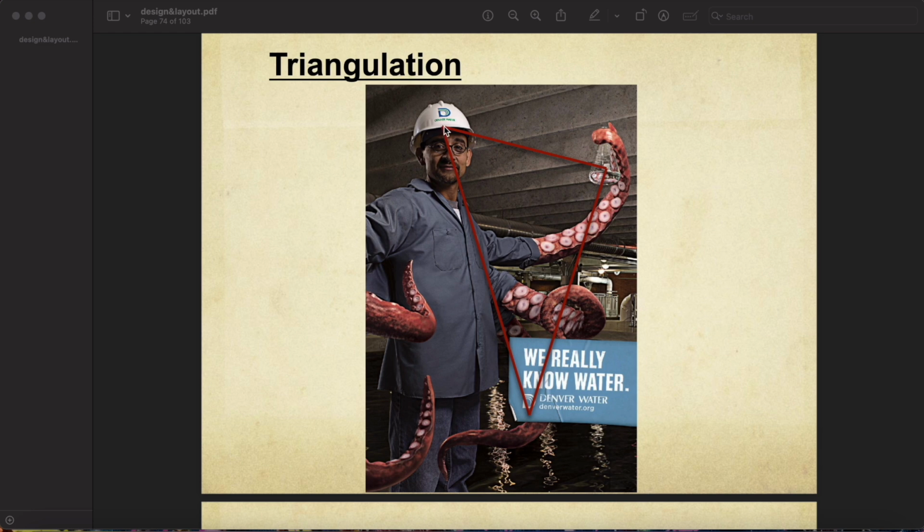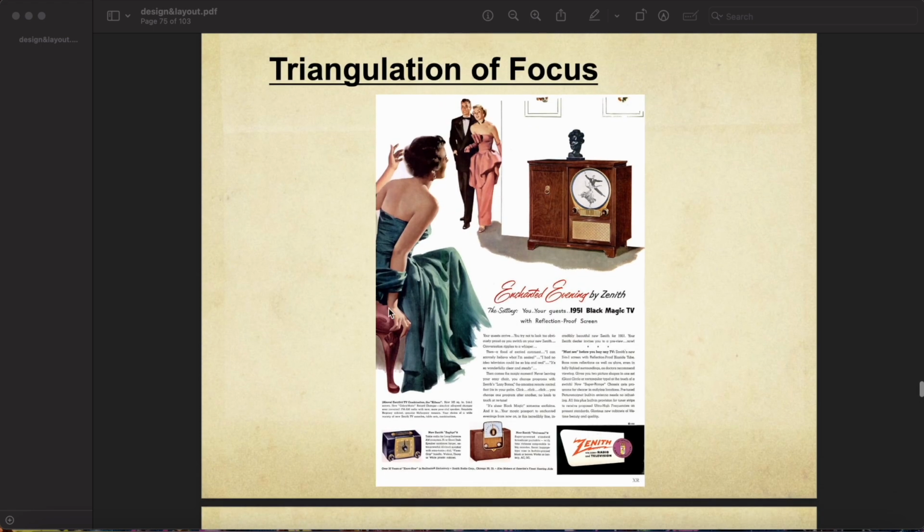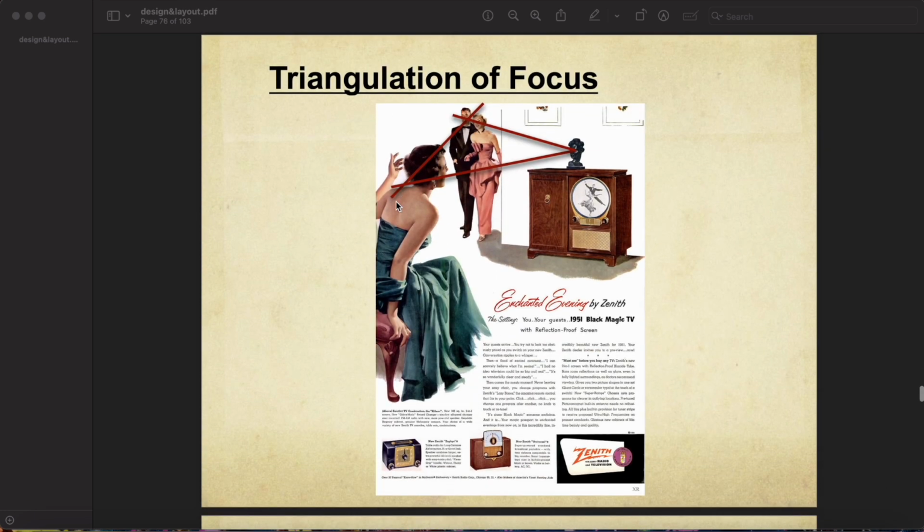We've got the eyes or the top of the hat to the Erlenmeyer flask to the logo for Denver Water. A triangulation of focus here. So the artist is using the eyes, the viewpoints of the models or the characters to move our eyes.